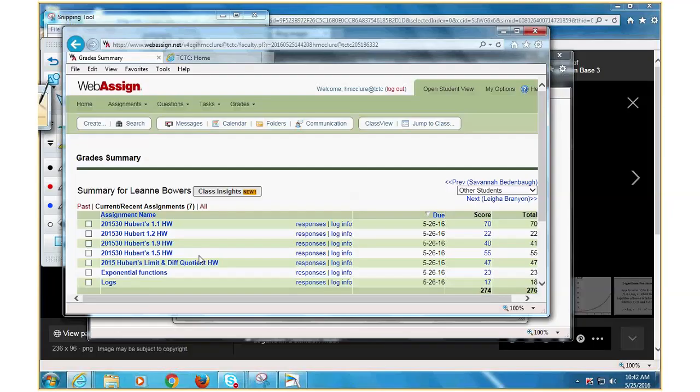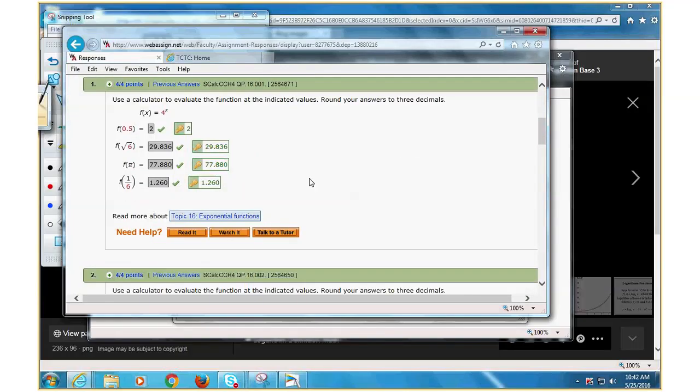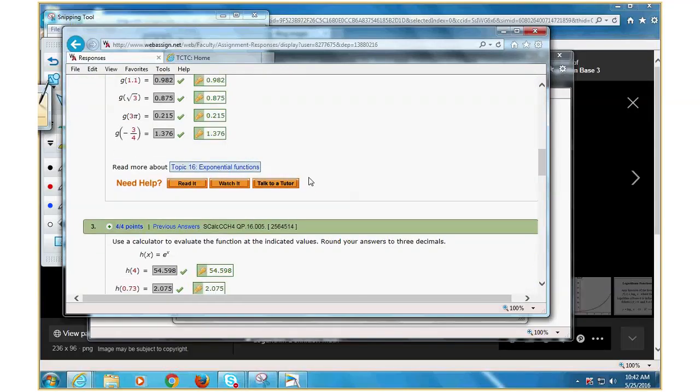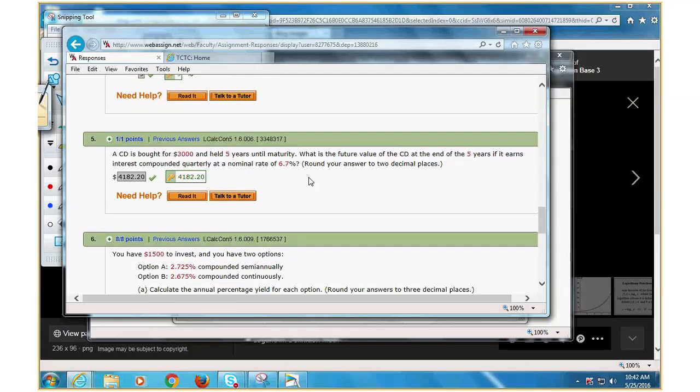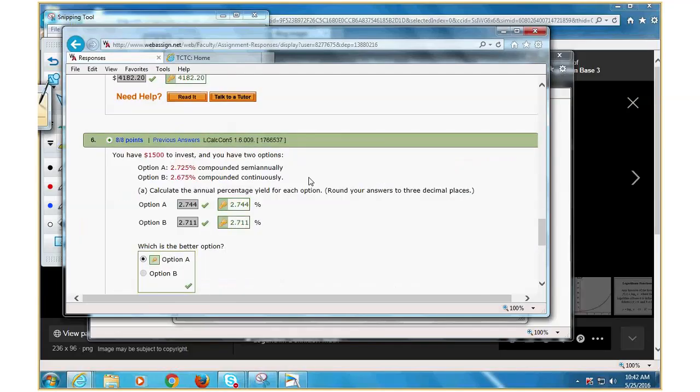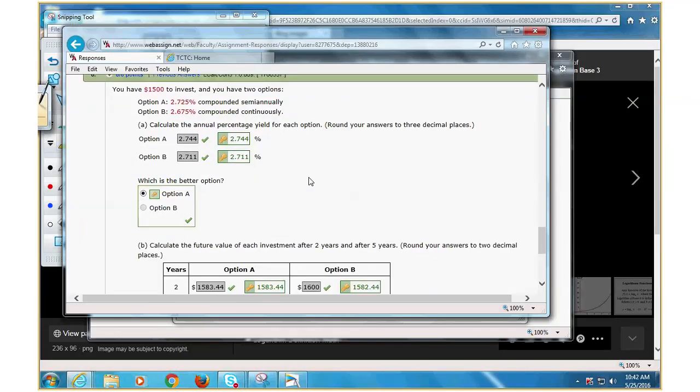It's the logarithm, I meant the exponential, right? I'm pretty sure. You go to responses. I think it'll let me do it. That one, number 6. All right, write number 6 down.